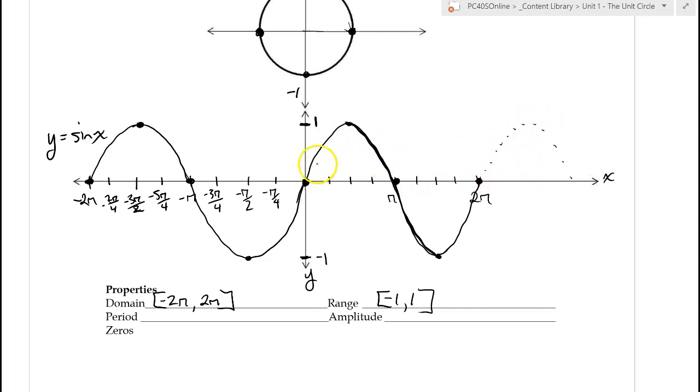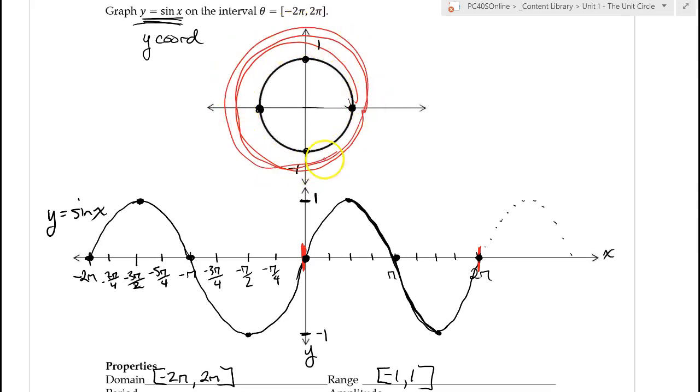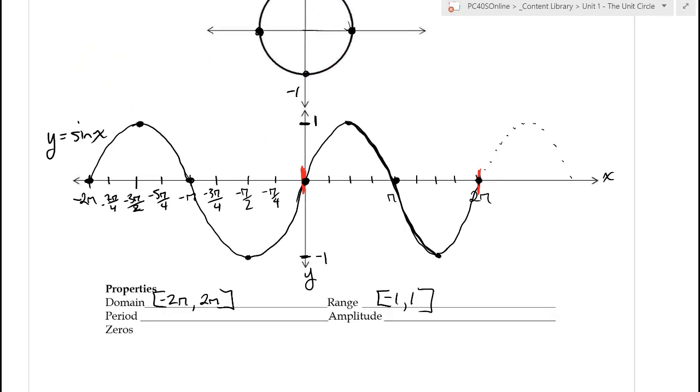So my period goes from 0 to 2 pi, because that's when I end up in the same place. And that fits with us going around the circle, because once we've gone around 2 pi, we're doing the same thing again, and again, and again. We end up in the same angles, no matter how many times we've gone around. So the period, in this case, is 2 pi.